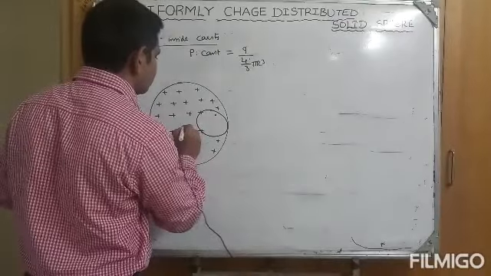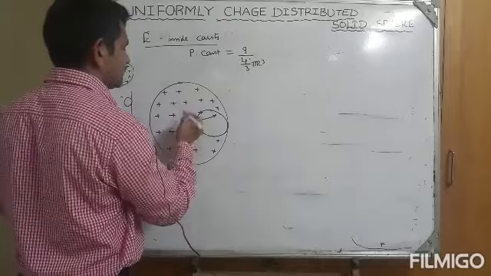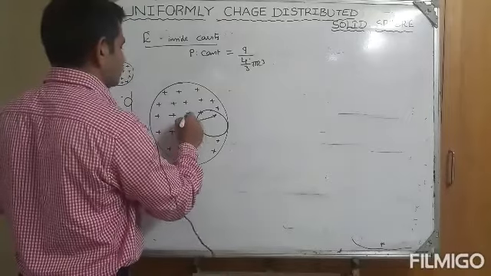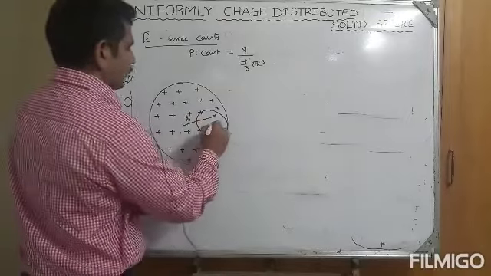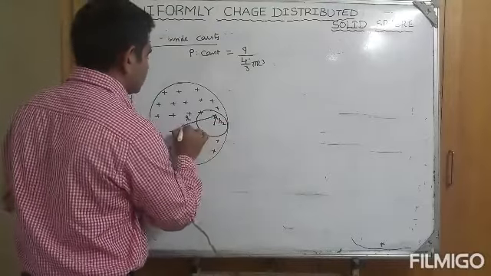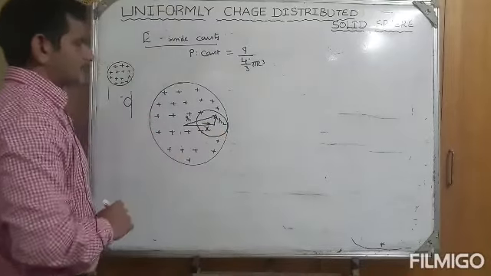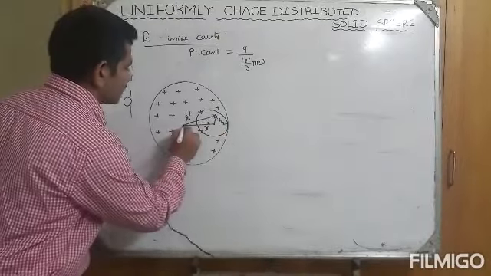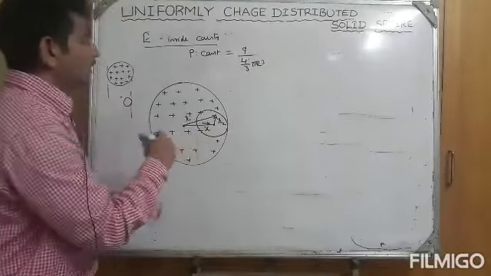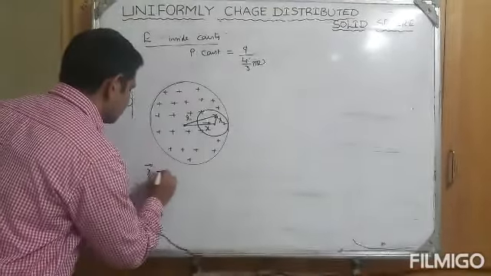From here to here, if you think of the full object, the distance, let us say this is R1, and from cavity center, let us say R2. Between the centers you can call x. X is the distance between the center of the solid sphere and the center of the cavity.